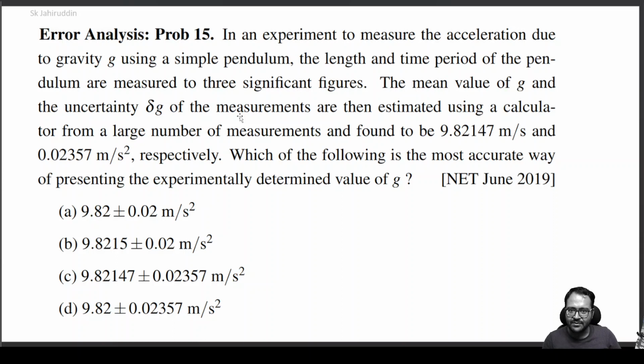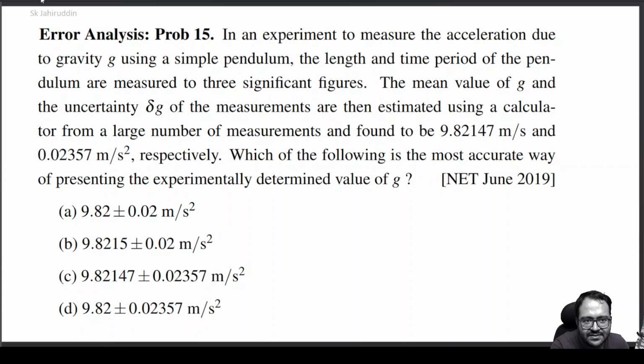The mean value of G and the uncertainty delta G of the measurement are then estimated using a calculator from a large number of measurements and found to be 9.82147 and 0.0235.